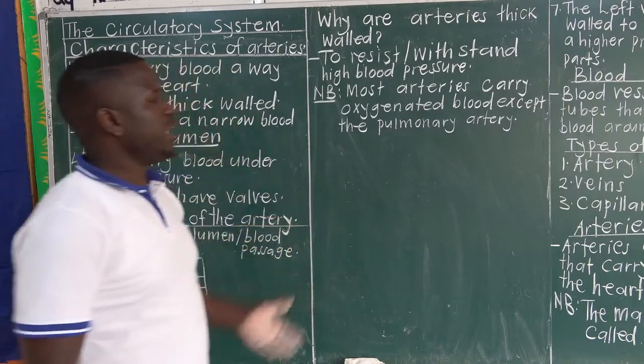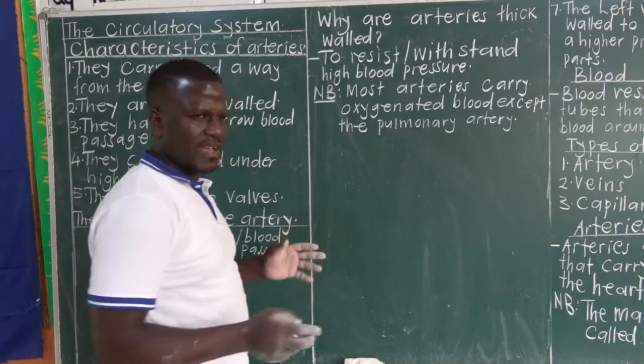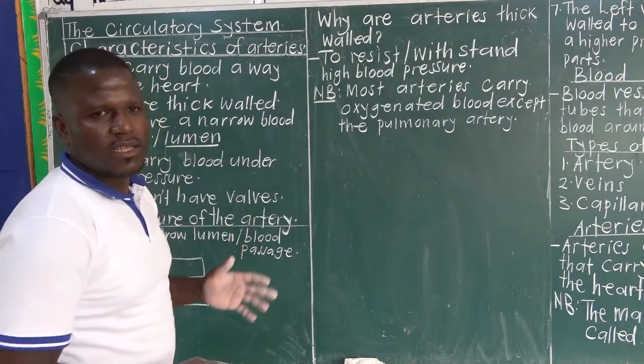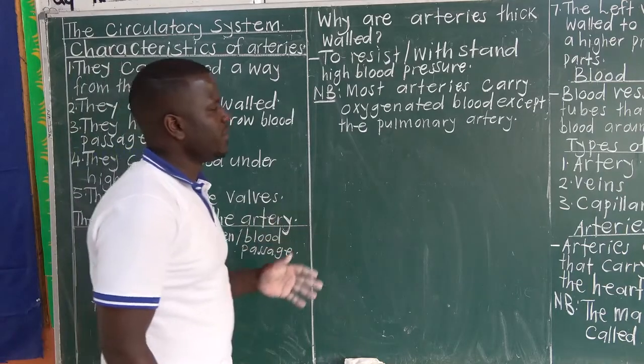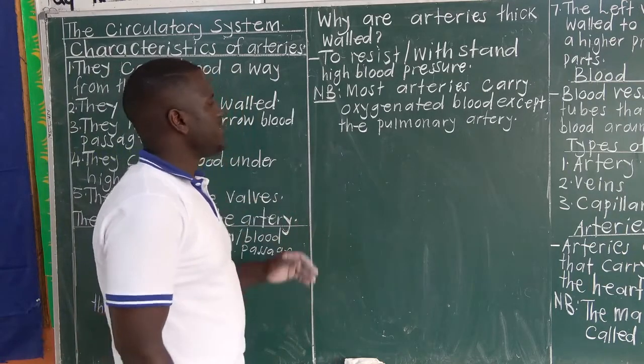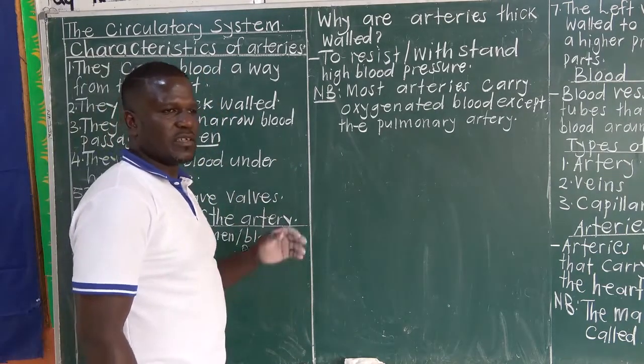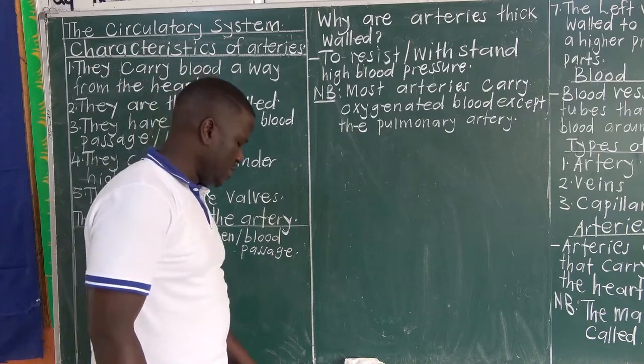So the pulmonary artery carries deoxygenated blood, but other arteries, like the aorta, which is the main artery, carry oxygenated blood.